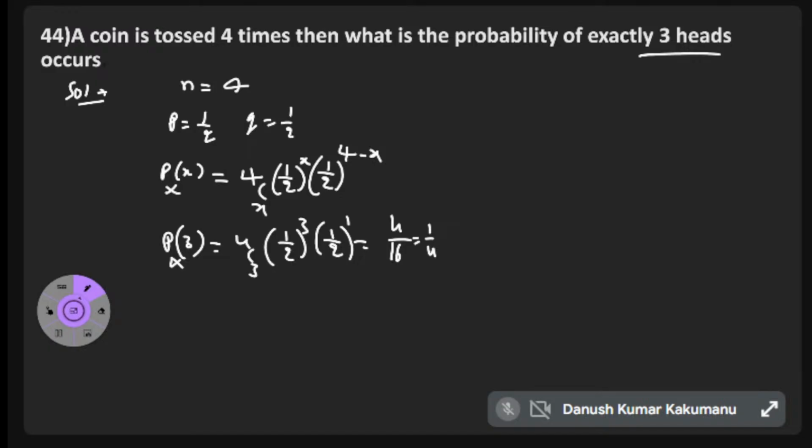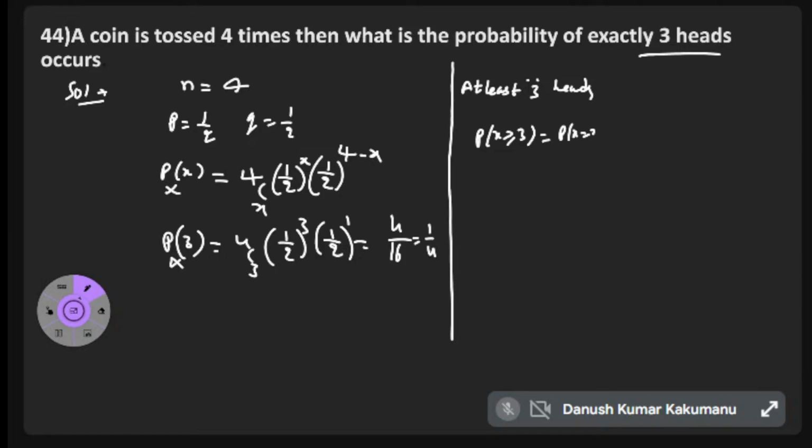If the question is at least 3 heads, what do you have to do? P of x greater than or equal to 3. At least 3 heads means x greater than or equal to 3, which is P of x equals 3 plus P of x equals 4. P of x equals 3 means 4C3, P to the power 3, Q to the power 1.